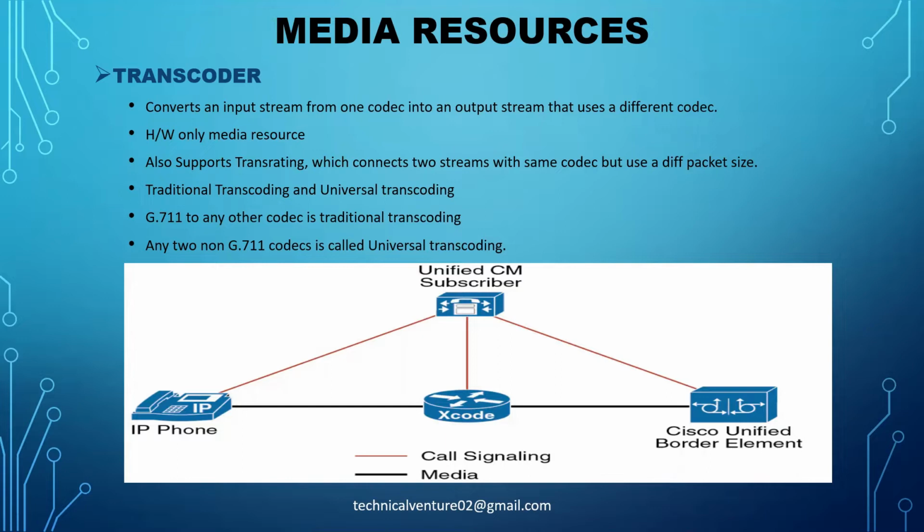In that case, CUCM will invoke your transcoder, and the transcoder will convert that G711 stream to G729, from A party to B party, and it will convert from G729 to G711, that is from party B to party A. So it converts an input stream from one codec into an output stream that uses a different codec.